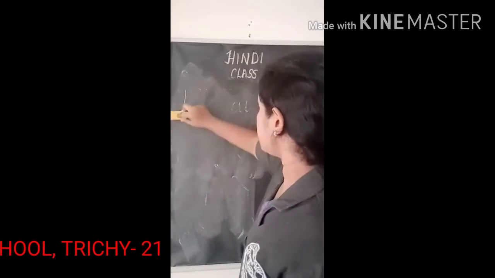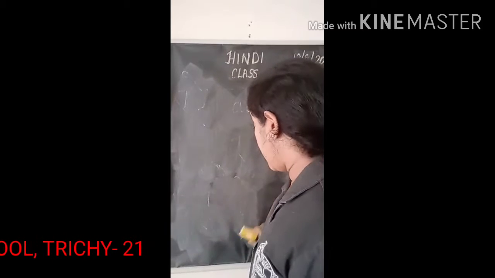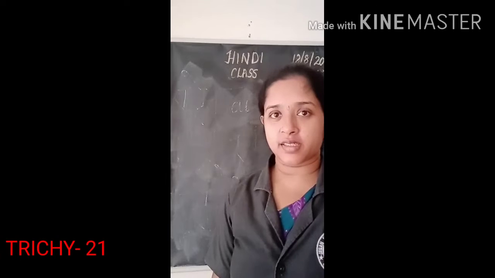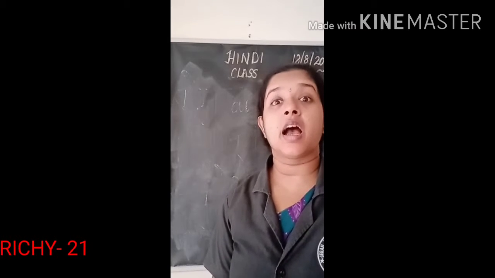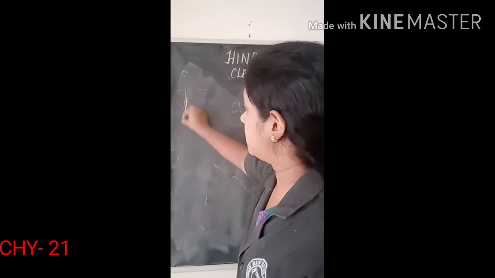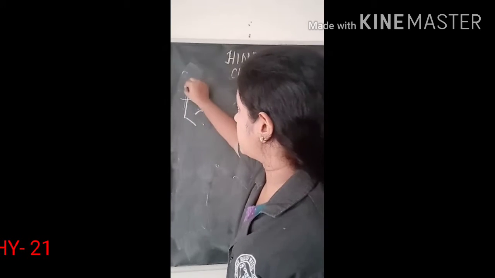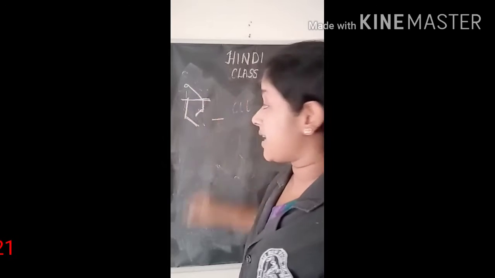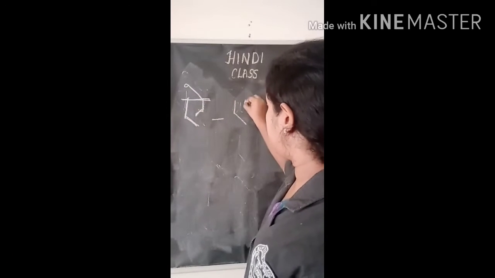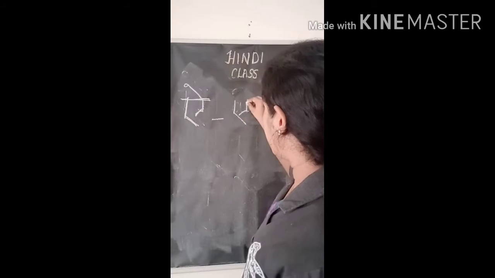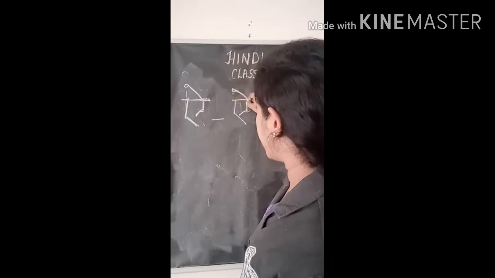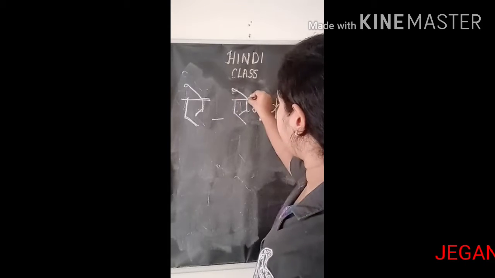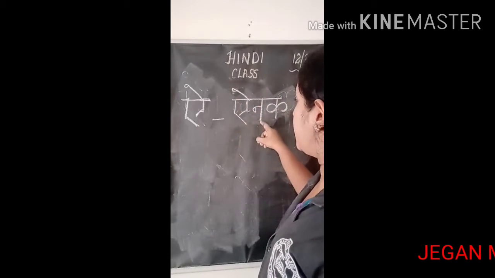We know A say ek. Next is I. So I say ainak. See here, this is swar I, then na, and ka. I'm extending this line.